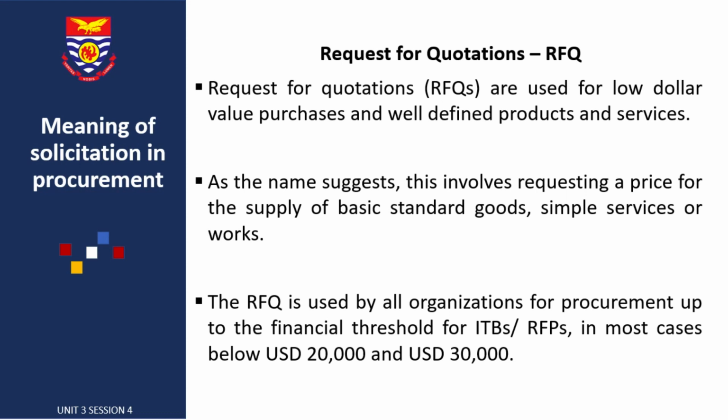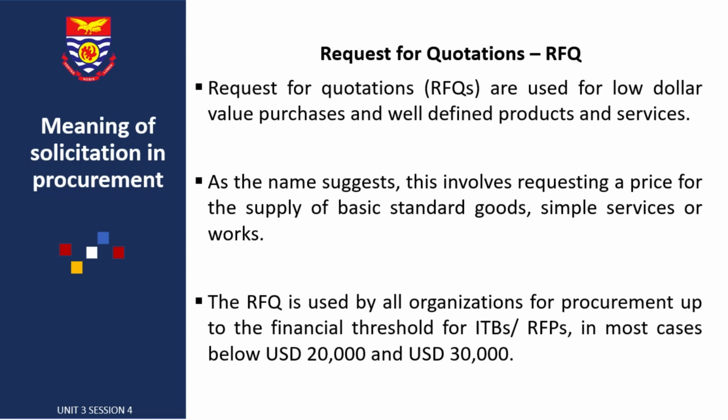So as the name suggests, this involves requesting a price from the supplier for basic standard goods. For example, it is mostly used for low value items, like chairs or paper that we want.